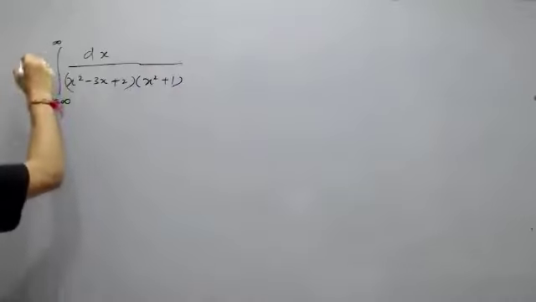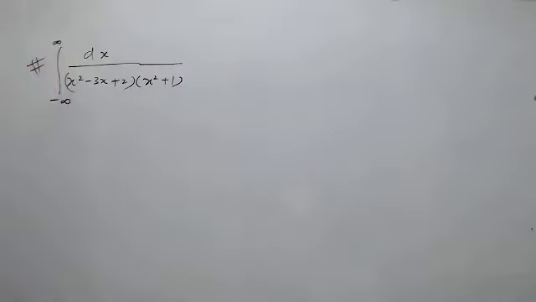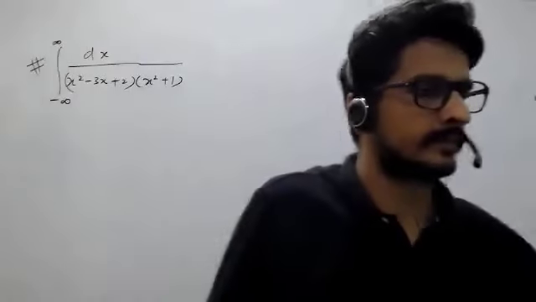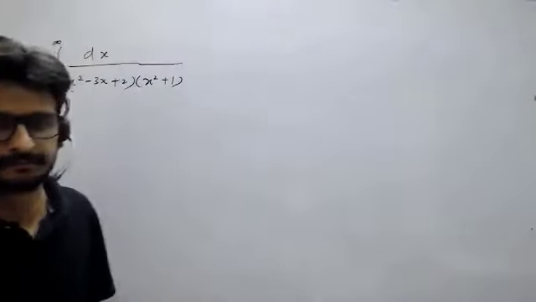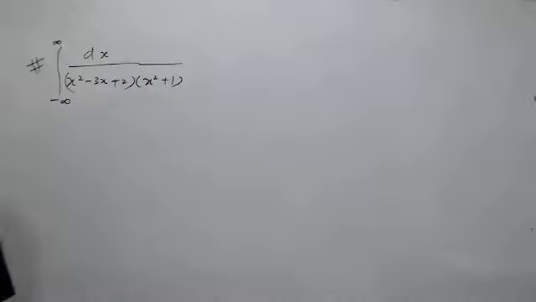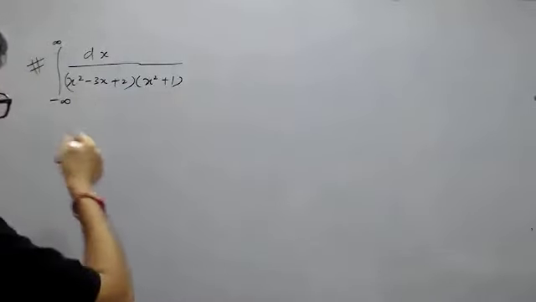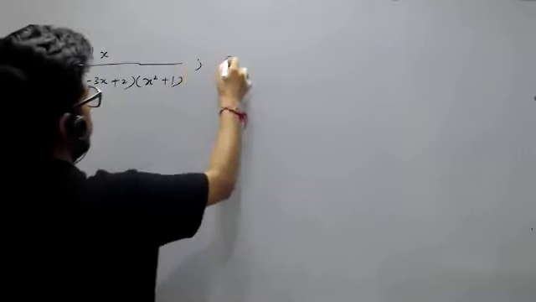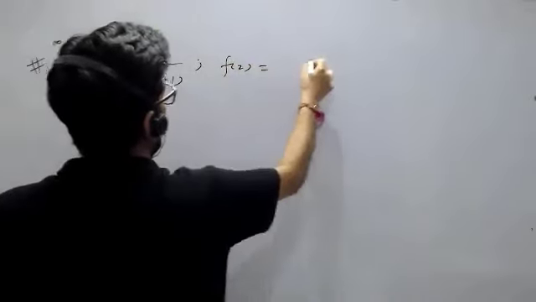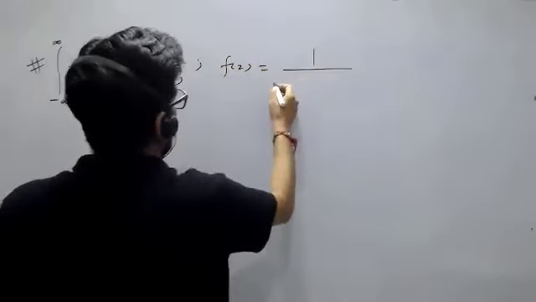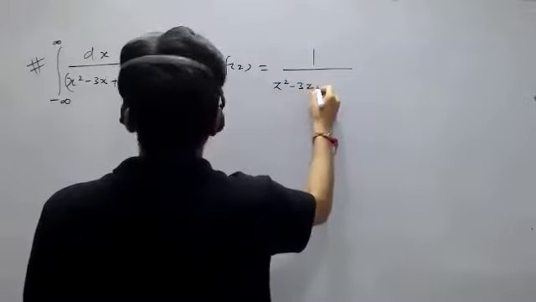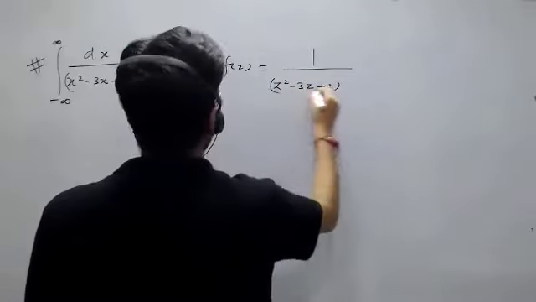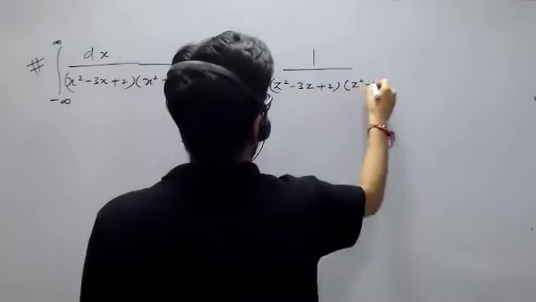Okay, let us take this question. So for this problem, what will be f(z)? 1 upon (z square minus 3z plus 2) and (z square plus 1).